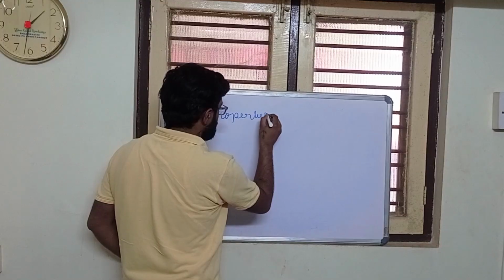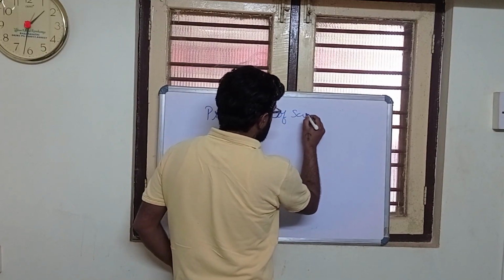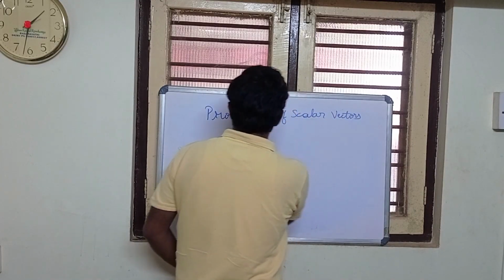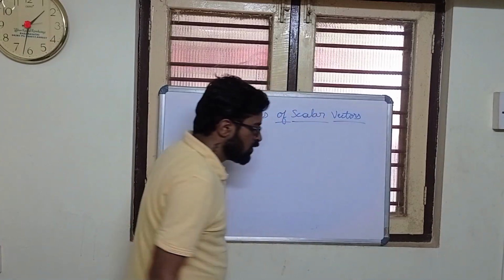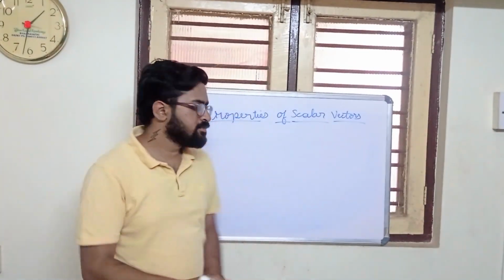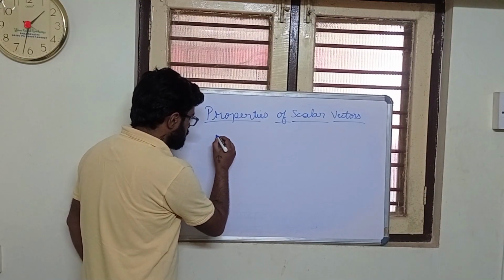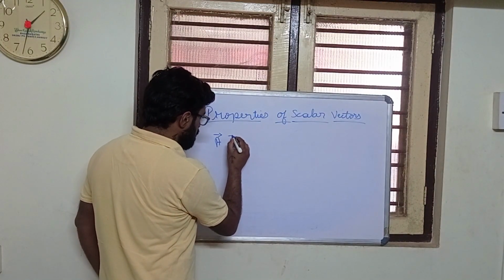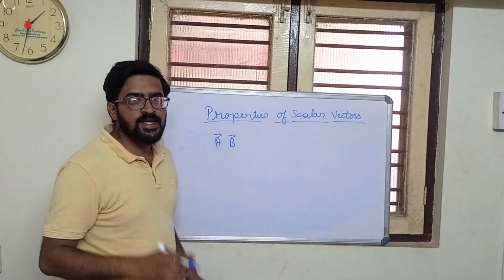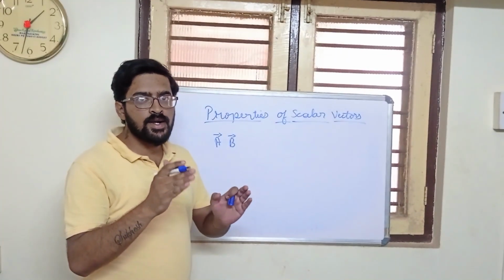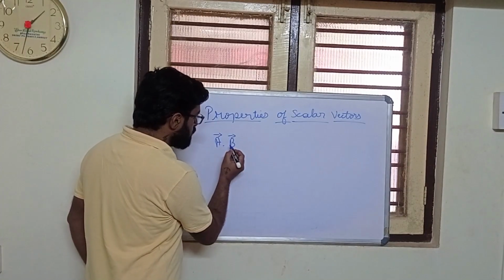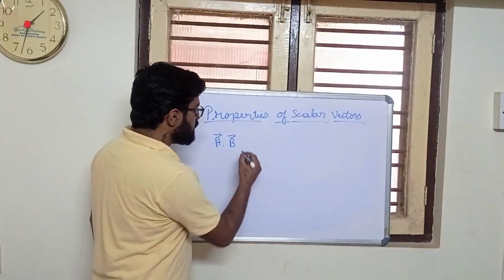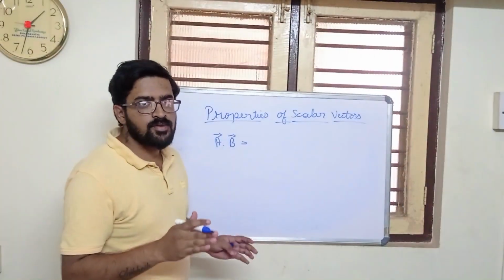Properties of scalar vectors. Suppose I have a vector A and vector B. To denote a scalar product, we need to add a dot in between: A dot B. A vector dot B vector represents the product of the scalar vectors.